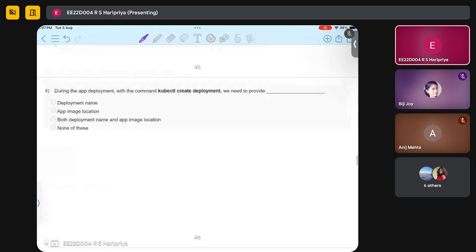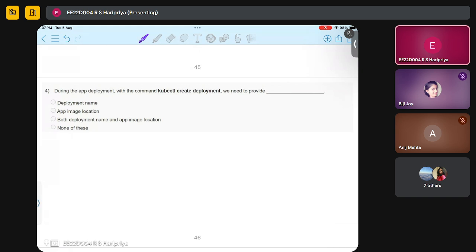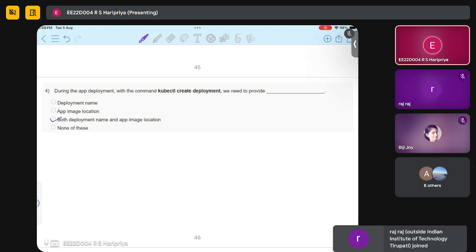The next question. During the app deployment with the command kubectl create deployment, we provide the answer is both deployment name and the app image location.